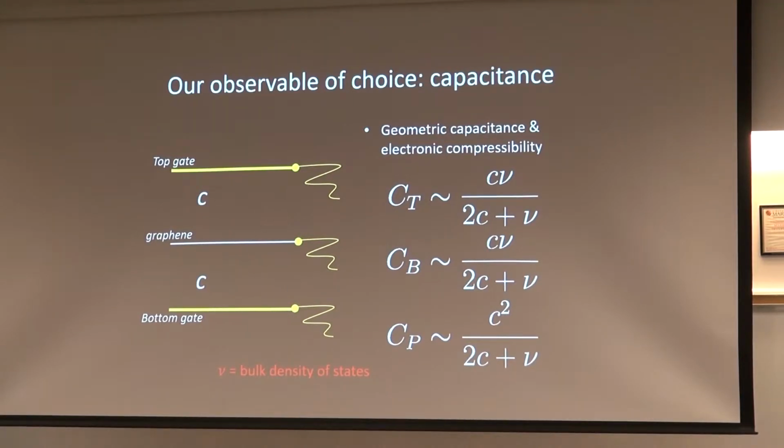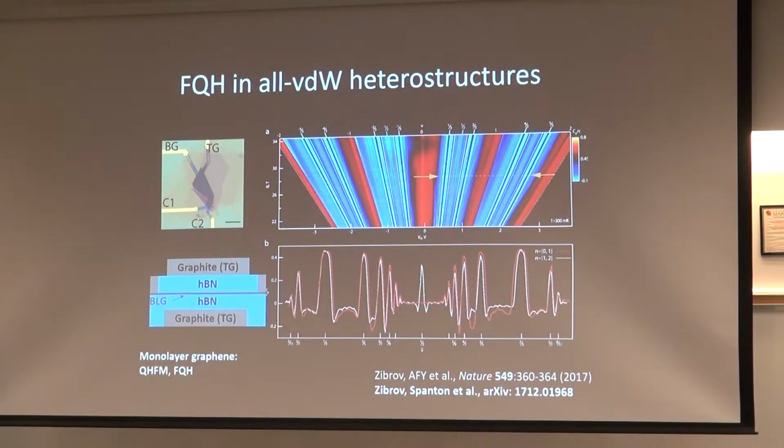Moving charge around a system costs you the electrostatic energy of putting an electric field inside your dielectric material, but it also costs you the energy of changing the Fermi level in your two-dimensional electron system. And that cost of changing the Fermi level is just the density of states. So you're ultimately sensitive to density of states. And all of these different quantities basically probe the same type of thing. We're going to turn out to like to measure this one for various technical reasons.